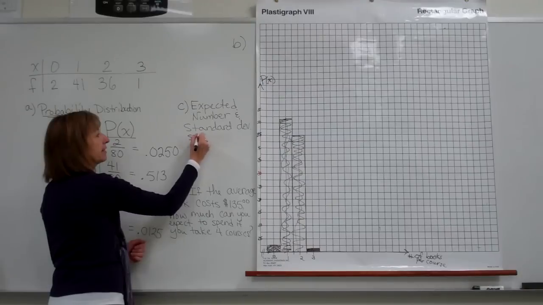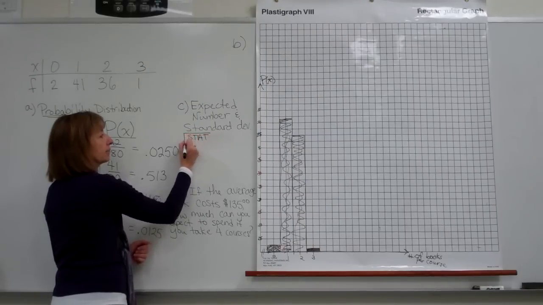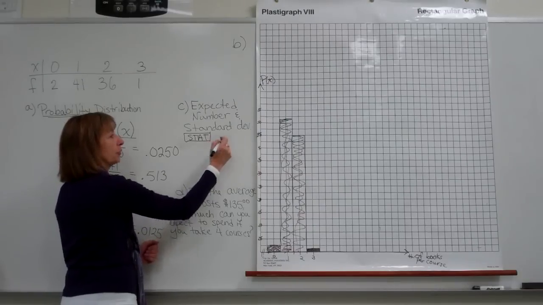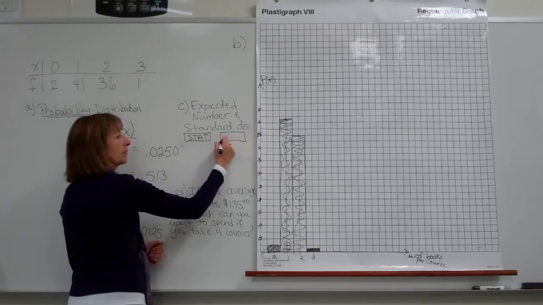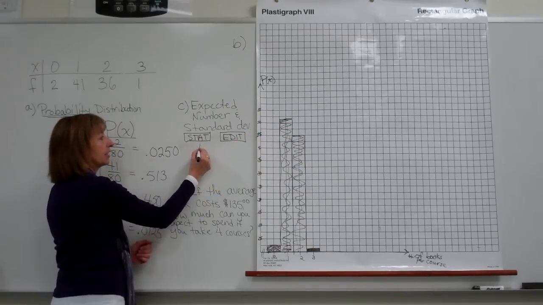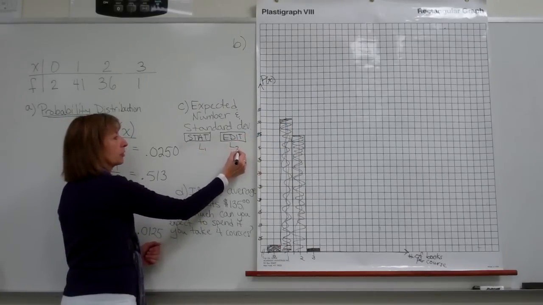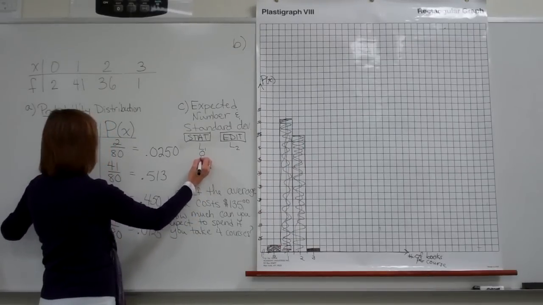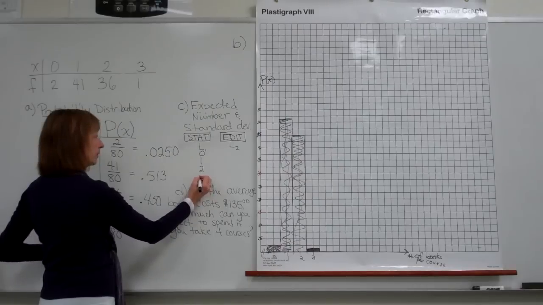So find the stat button, push stat. And then when you get to the stat menu, you want to be on edit and push enter. And you'll get a list 1 and a list 2. So then under list 1, you put your random variable values.